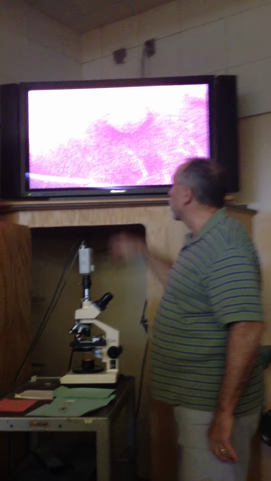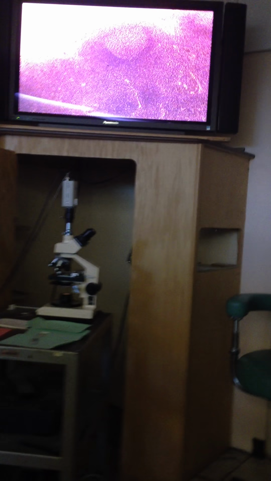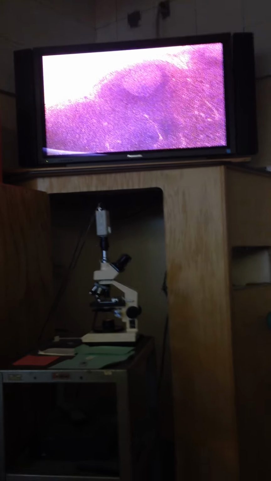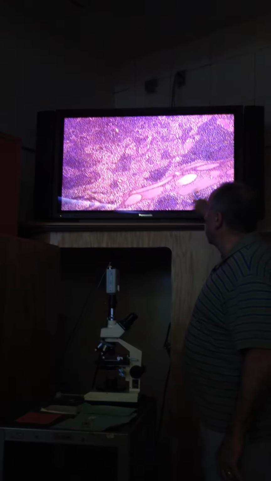But on the outer part of it is the cortex. And you will see these round areas like this. These are basically lymph nodules or follicles, or you also see it called germinal centers. And then the middle of it would be the medullary cords, these things here.